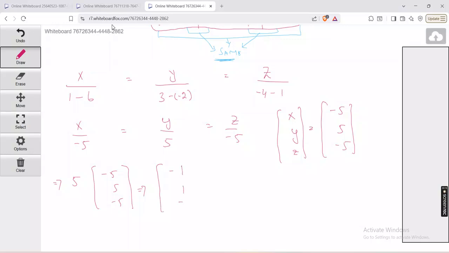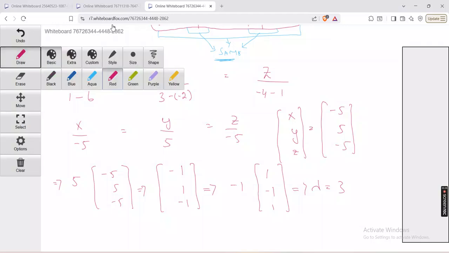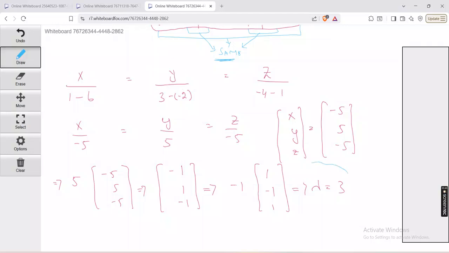Minus 1, 1, minus 1. Let's simplify a bit more. It's a scalar multiple, so let's multiply with minus 1 also, so we can get 1, minus 1, 1. So this is for lambda is equal to 3. Now we are good enough to go to the next one.